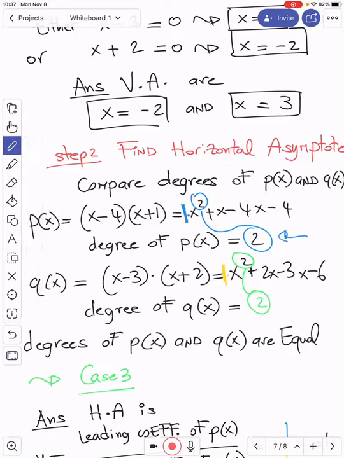The highest power of X in P is 2, right? I agree. And the same for Q, it's also 2, right? So they are equal. P and Q have the same degree, right?